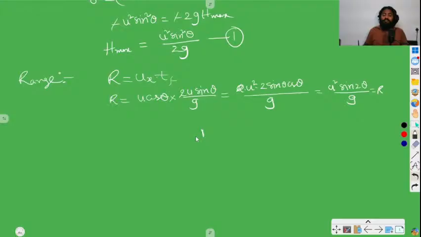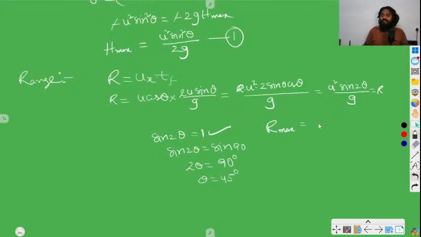So now what you have to do, you should make sine 2 theta equal to sine 90. 1 is sine 90 only, so 2 theta is equal to 90 degrees, and then theta is equal to 45 degrees. Here if you observe carefully, the range is maximum when theta is 45 degrees.